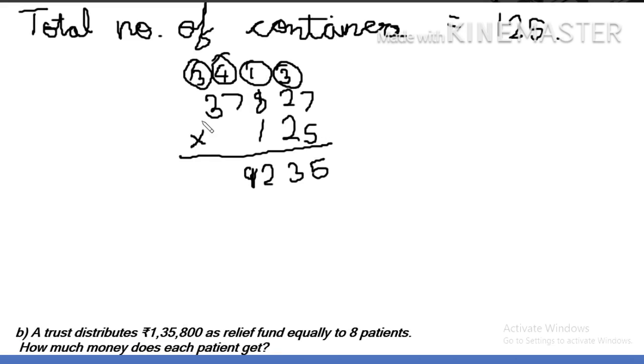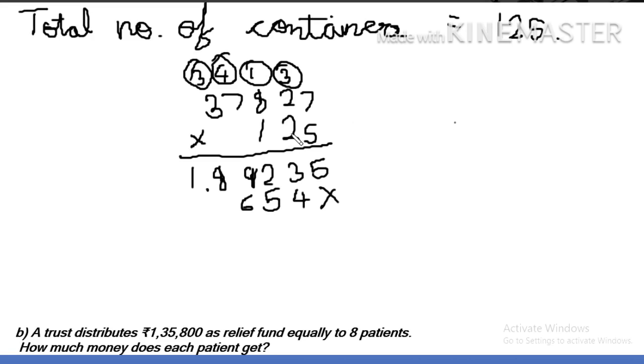Then 5 threes are 15 plus 3, 18. Now with 2: 2 sevens are 14, 1 carry over. Then 2 twos are 4 plus 1, 5. 2 eights are 16. 1 carry over.